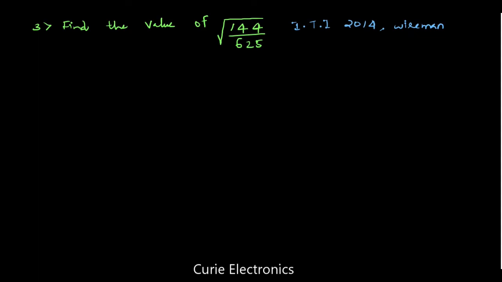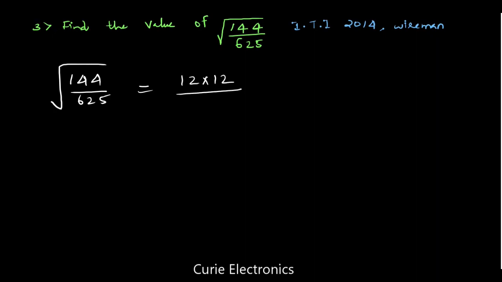Find the value of square root of 144 upon 625. This is very simple. That is 144 upon 625 inside the square root. 12 multiplied by 12 equals 144.